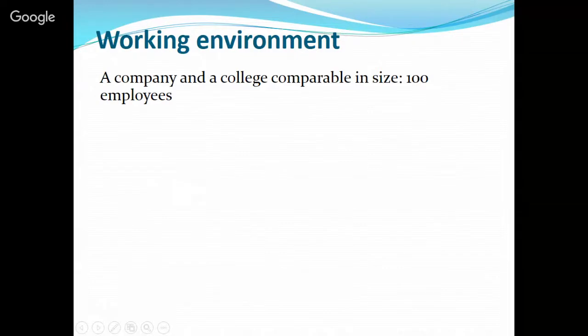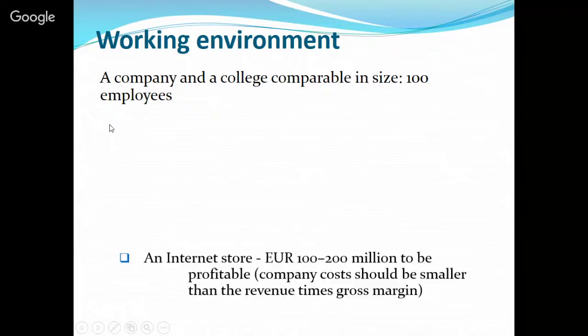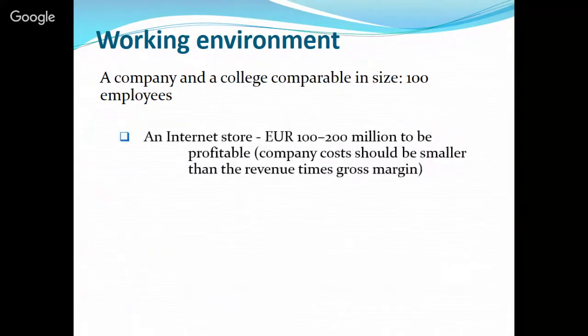In this example, we will consider a company and a college comparable in size, 100 employees. The company, an internet store, has approximately 100 to 200 million euros in revenue. That means the company cost should be smaller than the revenue times gross margin.